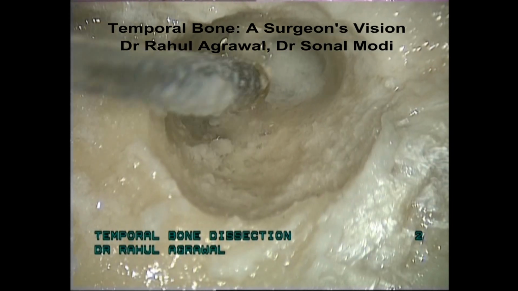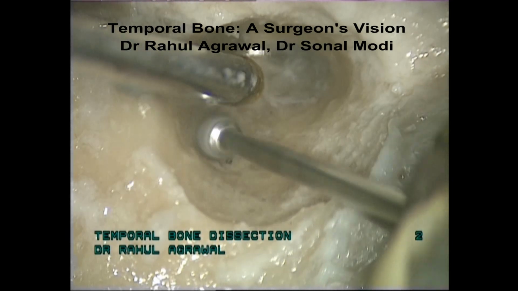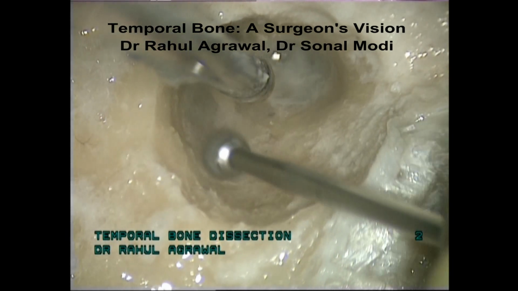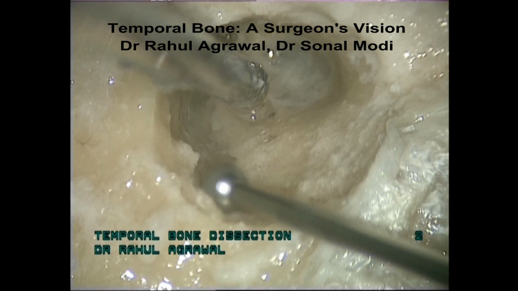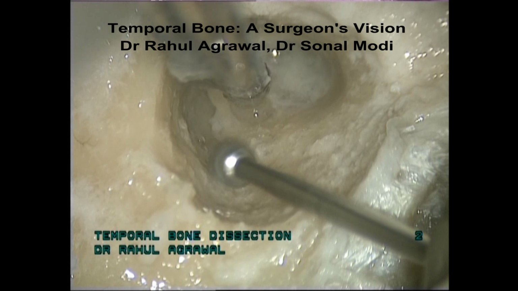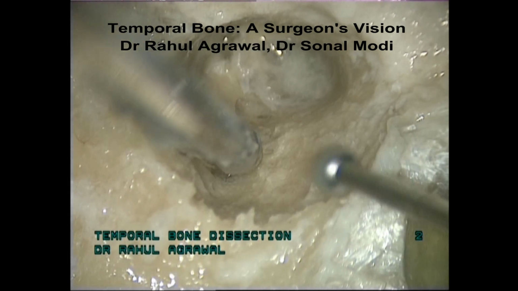Once we have gone beyond the antrum, the dissection is more like a cortical dissection, where you remove the cells and then keep going posteriorly. You can follow the tegmen plate also, going in to form the floor of the middle cranial fossa.